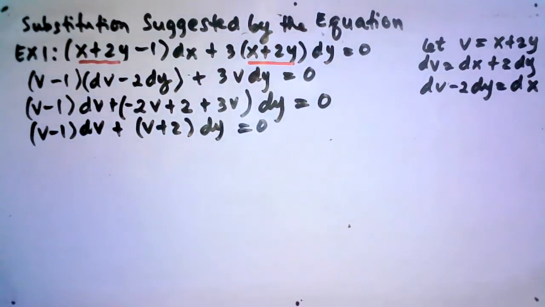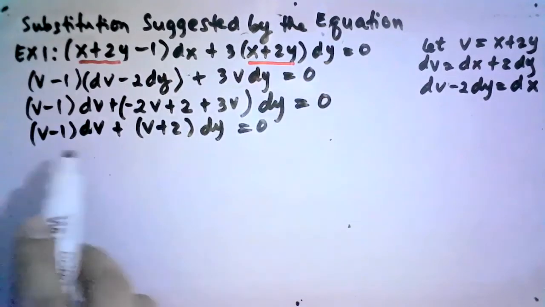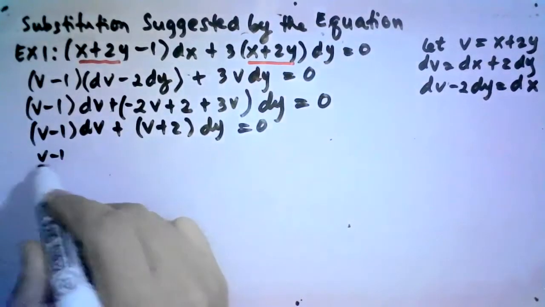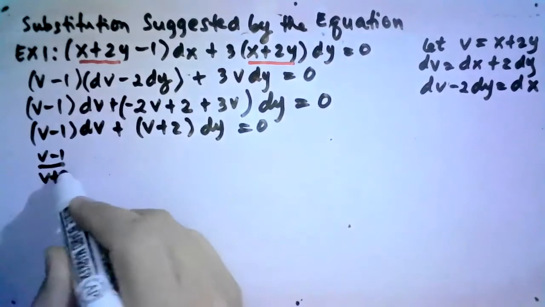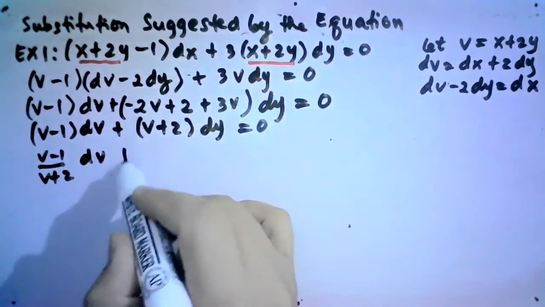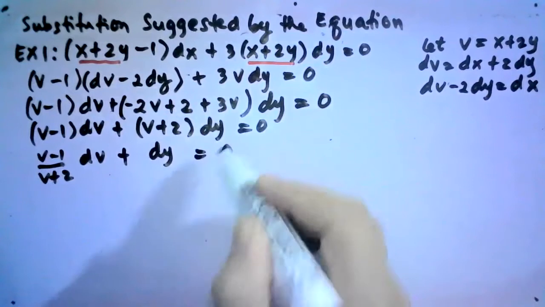Now, by simple separation of variables, we can separate this part. We have v minus 1 over v plus 2 dv plus dy is equivalent to 0.